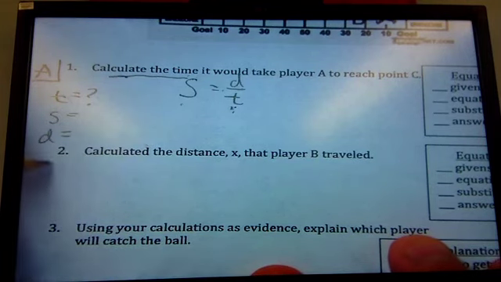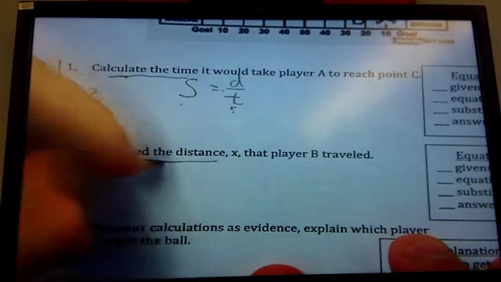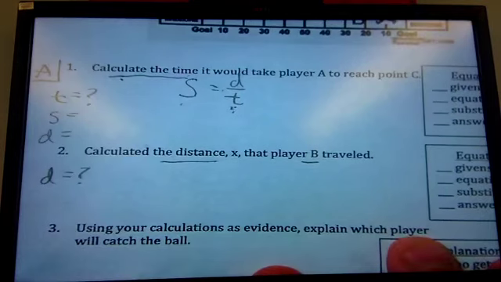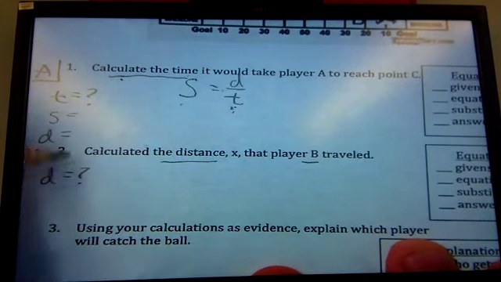For number 2, similarly, we want the distance. It's for player B. And if I want the distance, I'm going to need the speed and the time as well.